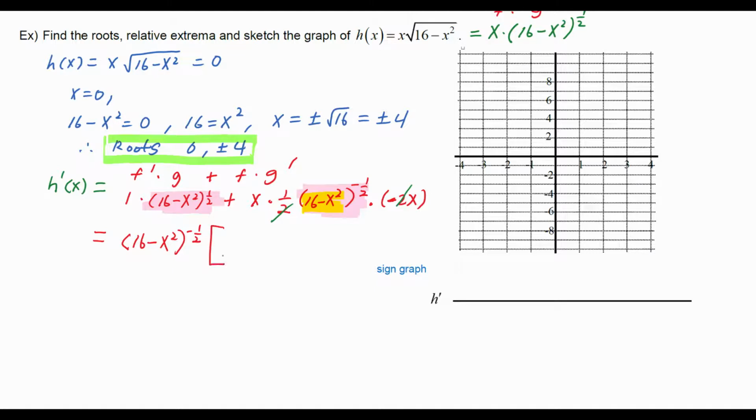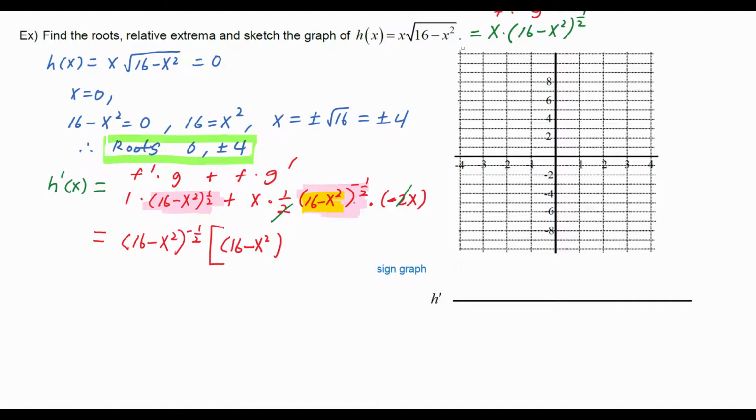Now open bracket. That would give me 16 minus x squared to the what power? Negative 1/2 power plus what power gives me positive 1/2 power? That will be positive 1. And the first power, we don't have to write it, so you can leave it at that.